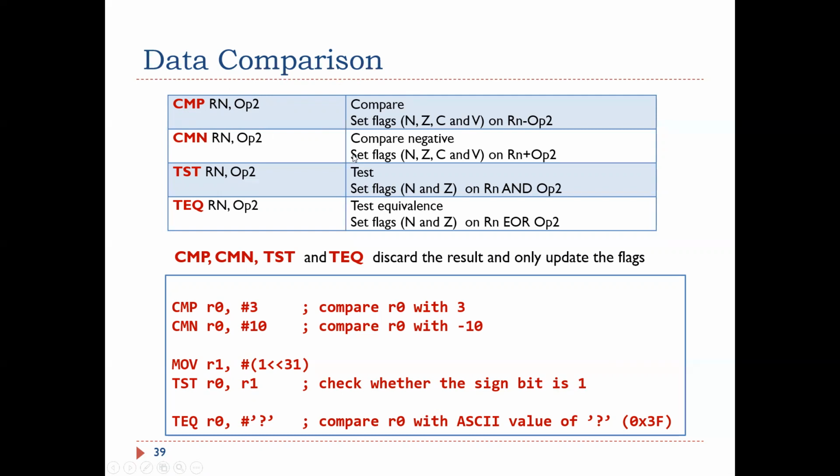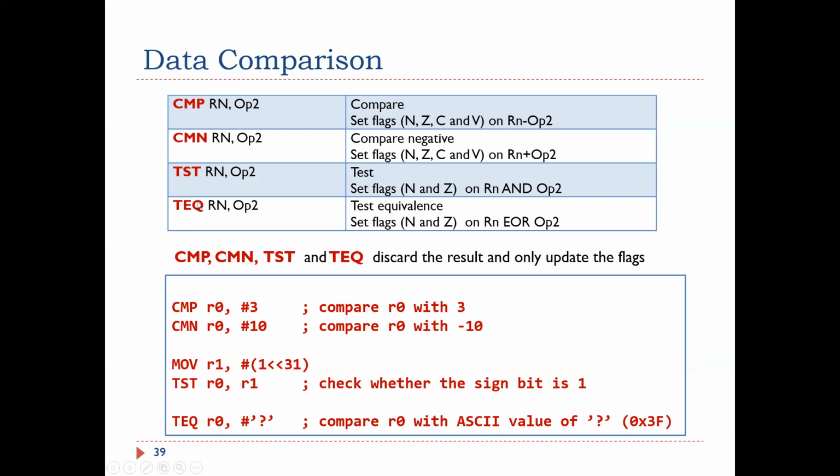CMN, compare negative, rather than subtraction, adds these 2 operands, and using the result, it modifies the N negative flag, Z zero flag, C carry flag, and V overflow flag. I don't think that we use this instruction that much, but it exists.